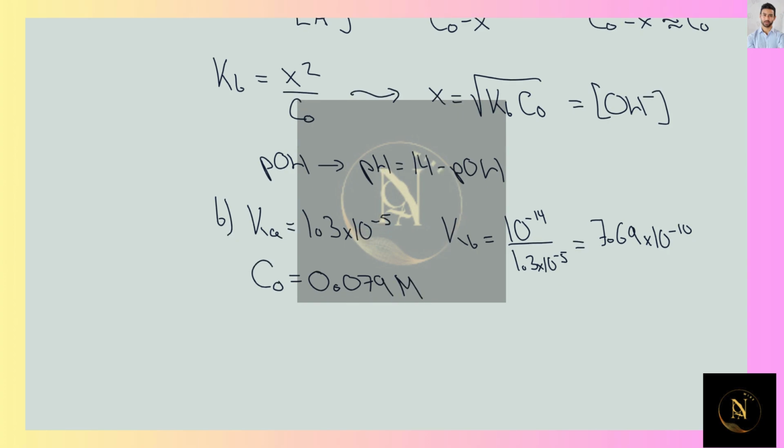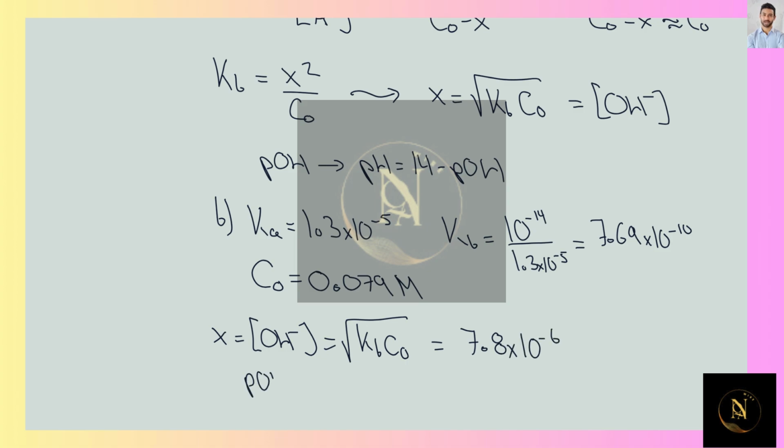Thus, the value for x, which is the concentration of OH minus, becomes the square root of Kb times C0, equal to 7.8 times 10 to the minus 6.